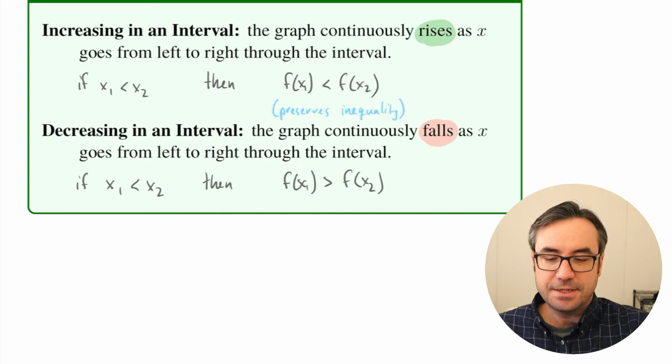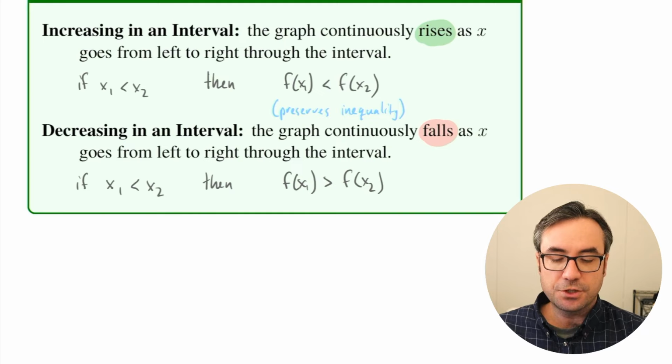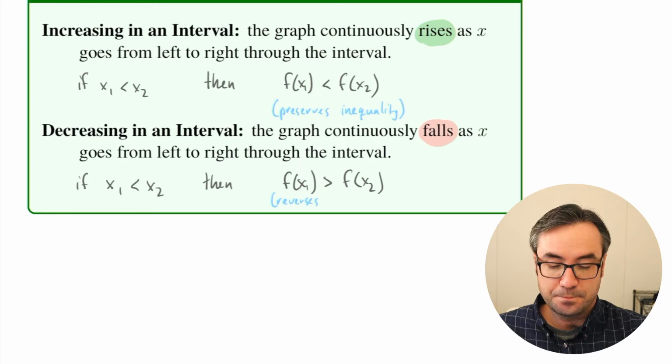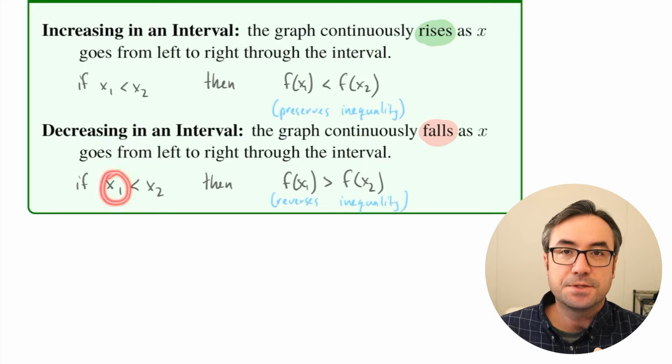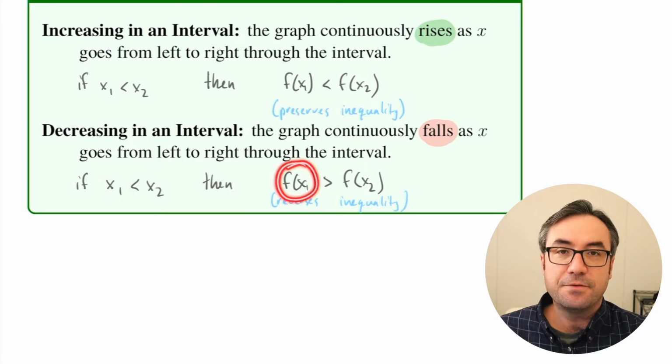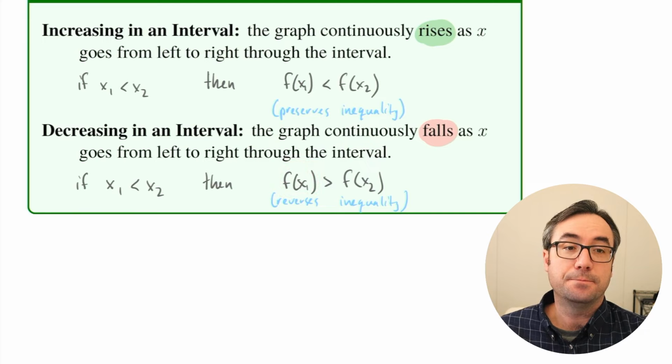So a decreasing function almost reverses the inequality. Again, if x1 is the smaller input, then f of x1 is going to be the bigger output.